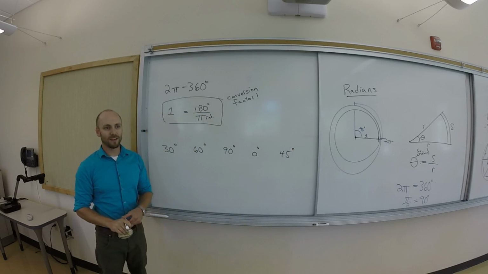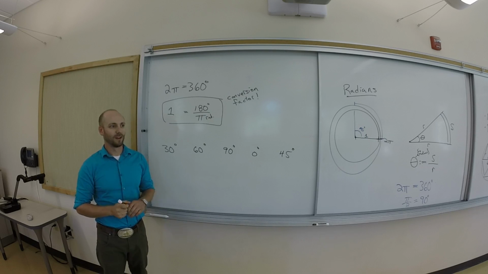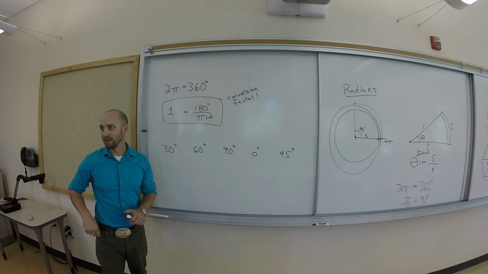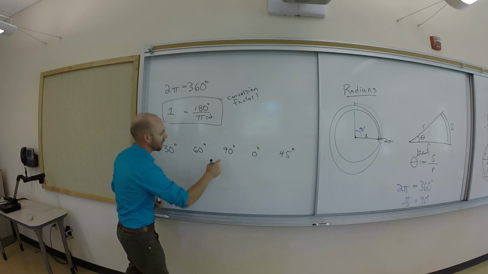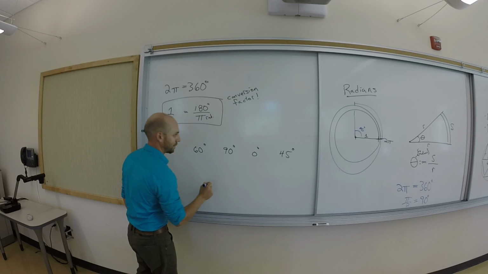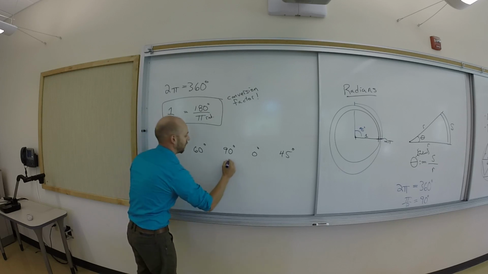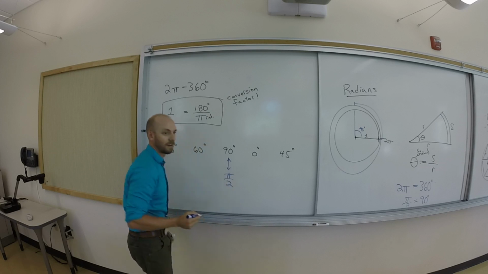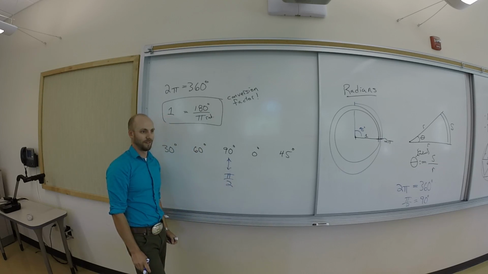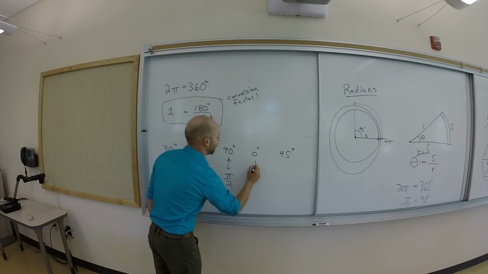If I can't convert these back and forth, I should probably quit the whole deal. So what's 90 degrees in radians? That's pi over 2. We just did that one. What's 0 degrees? 0 radians.